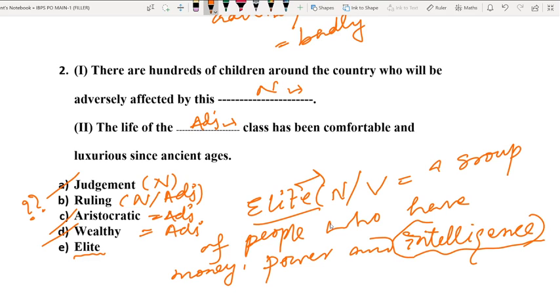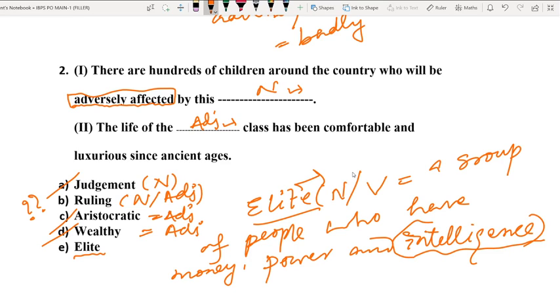Now, it cannot fit into the first blank, because here it talks about adversely affected, badly affected. Just because, my dear students, English is nothing but the application of logic and knowledge.